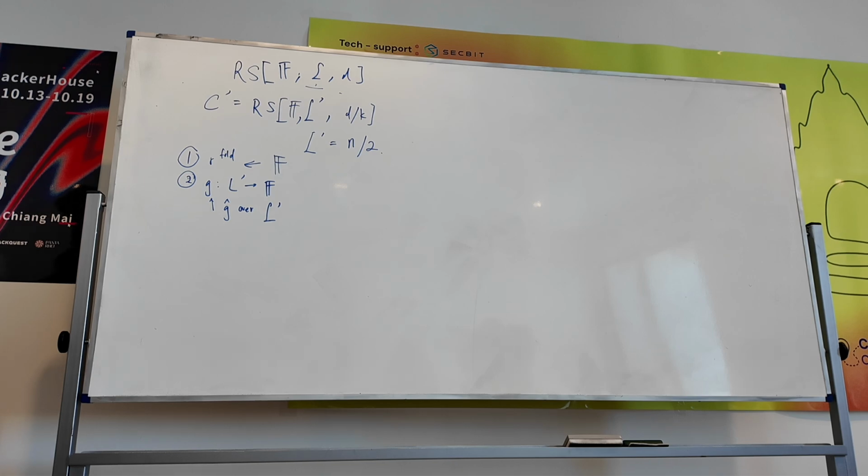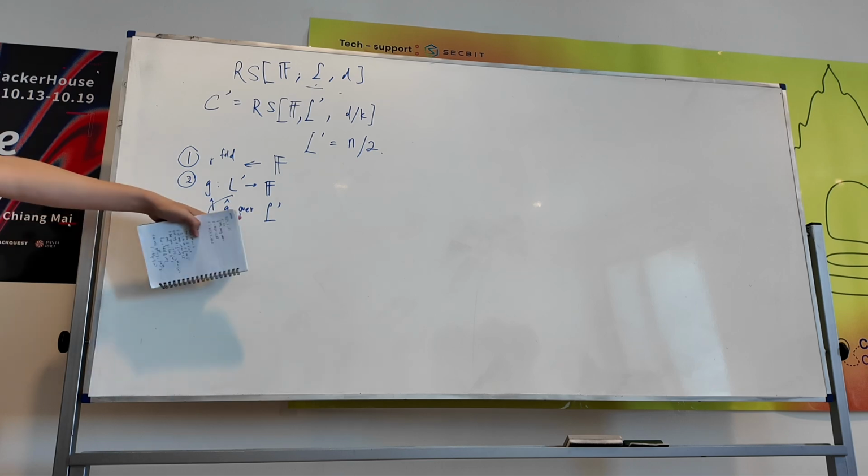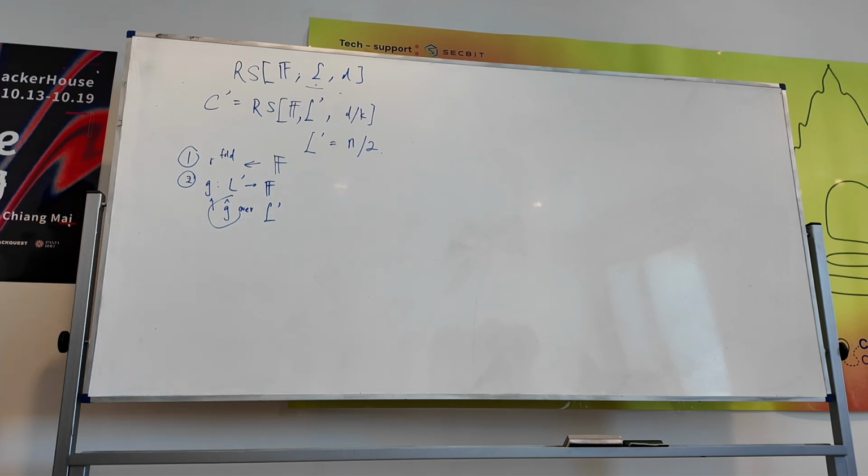It takes g hat, a folded polynomial which is the result of folding the initial function f, and we evaluate it over the half domain, L prime. That gives us g, the evaluation of g hat over L prime.